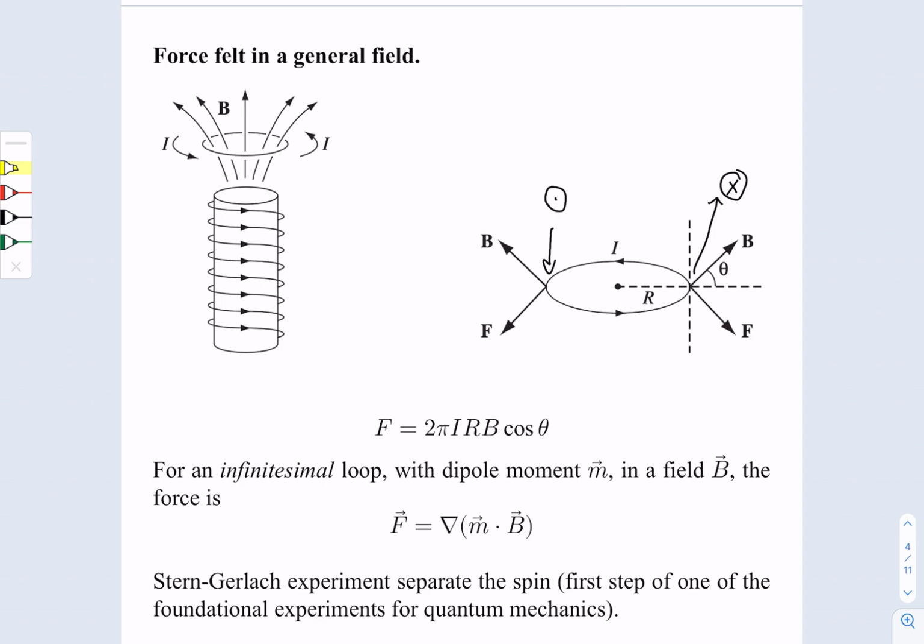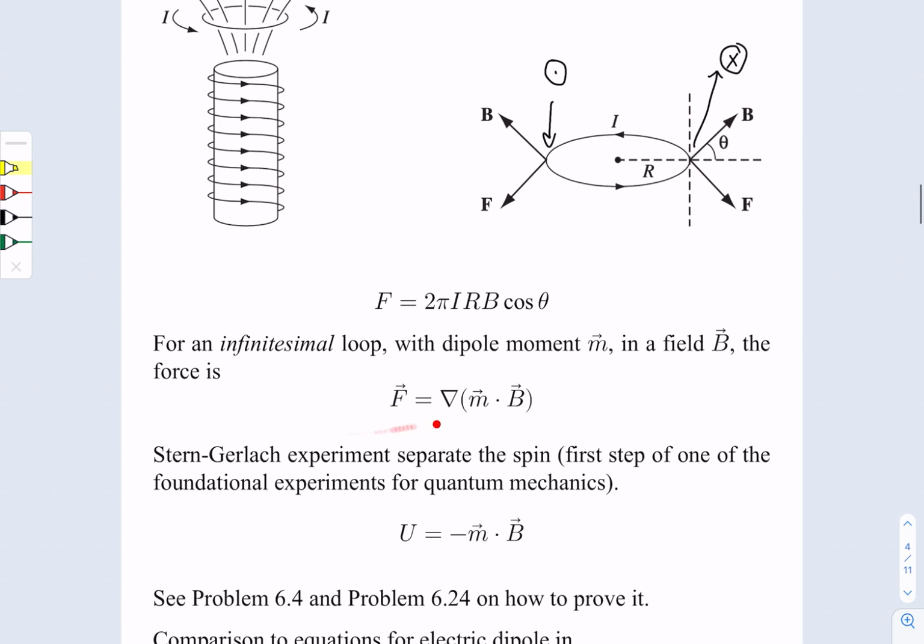So now if we generalize the result to a general case instead of this special case, the final formula is a very simple one: del operator acting on m dot B. This formula means that we can immediately get the potential of m interacting with the B field, because the force is related to the potential by minus del U. So we simply identify the inside as the negative of a potential.